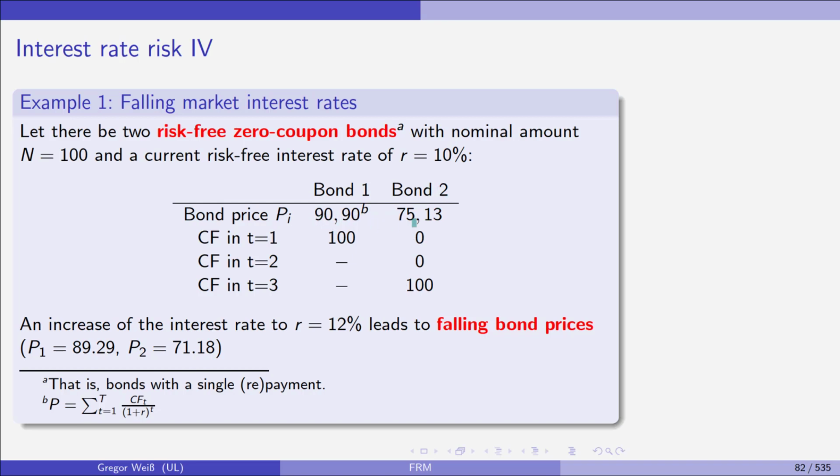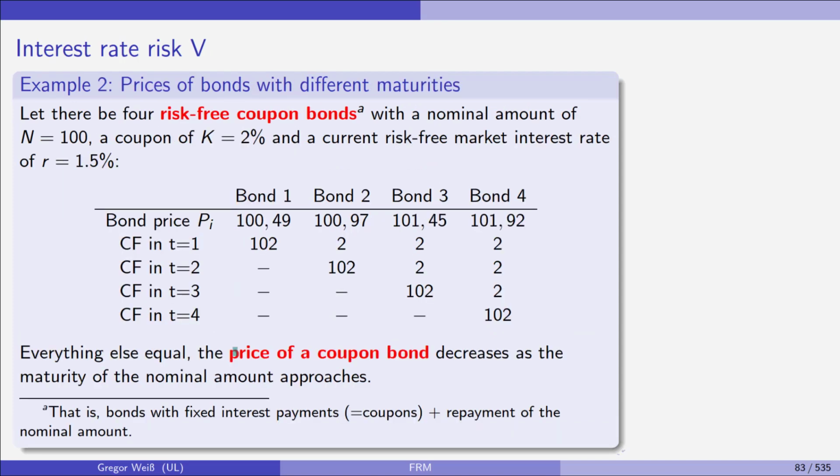And for bond 2, a zero coupon bond that matures in 3 periods, you have 100 discounted to 75.13. If you now increase the interest rate to 12%, you can see that this change in the market interest rate leads to falling bond prices, 81.29 and 71.18. So a direct effect of the market interest rate on those prices.